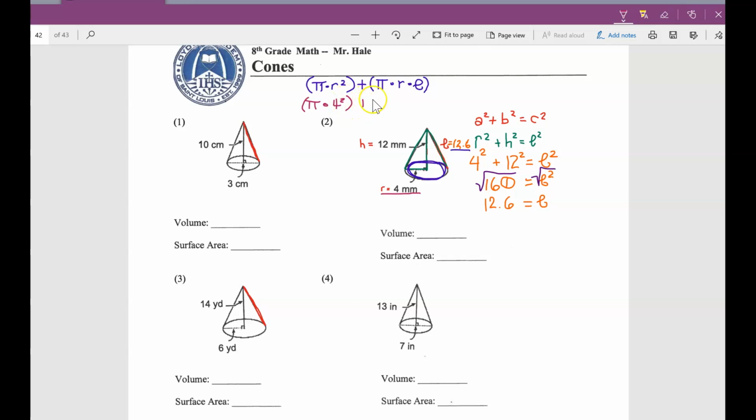And then add that to pi times radius, which is once again 4, times our slant, which we now know is 12.6. Pi times radius squared plus pi times radius times slant.